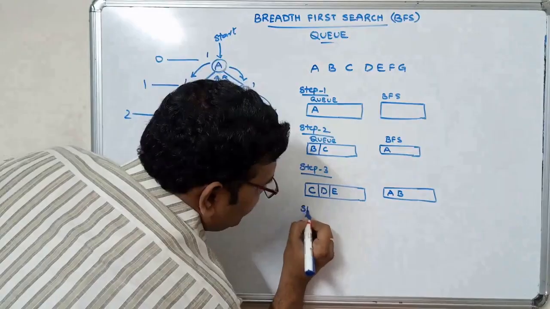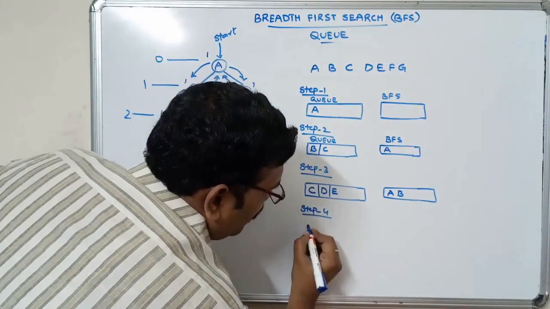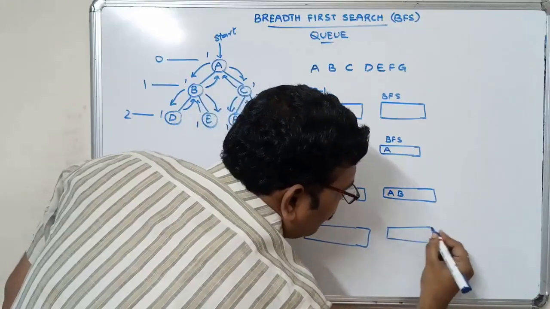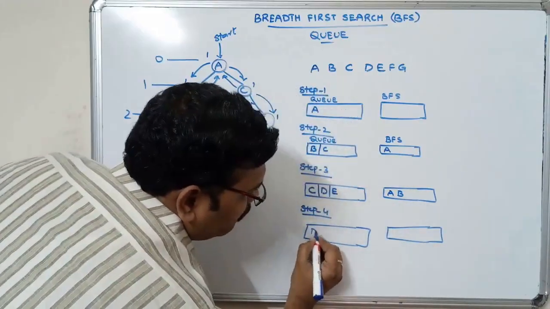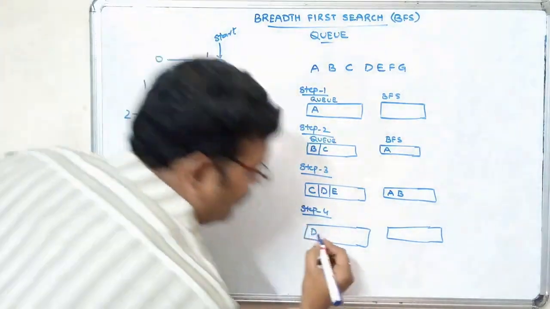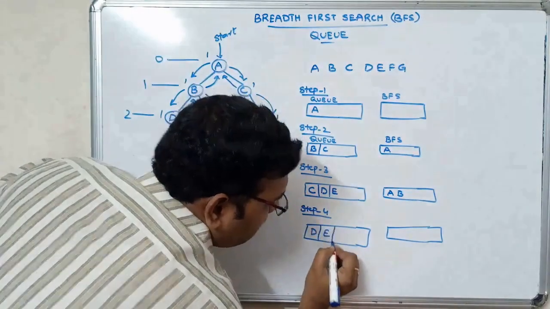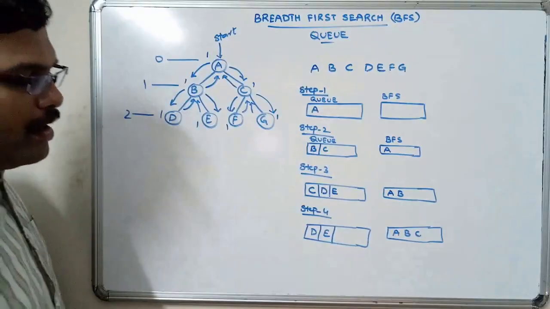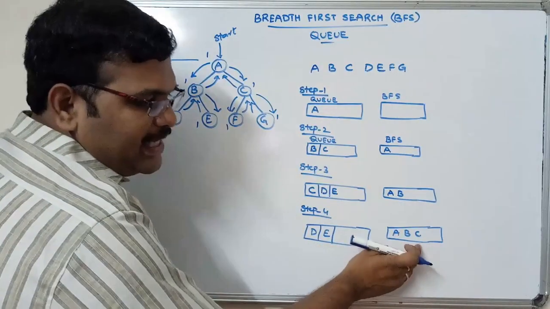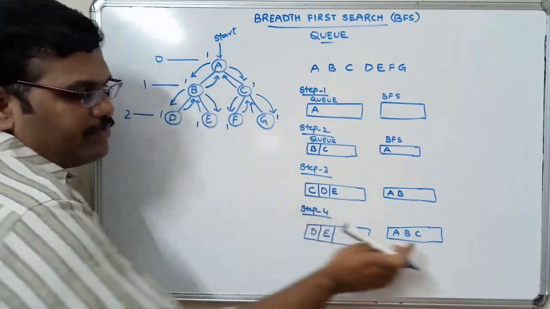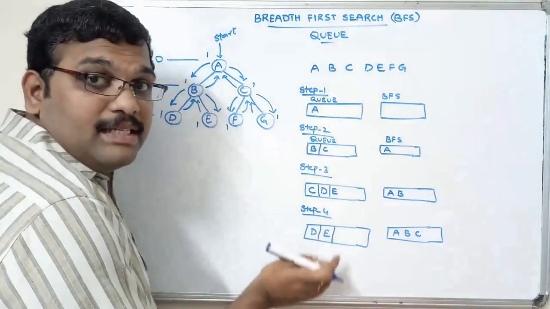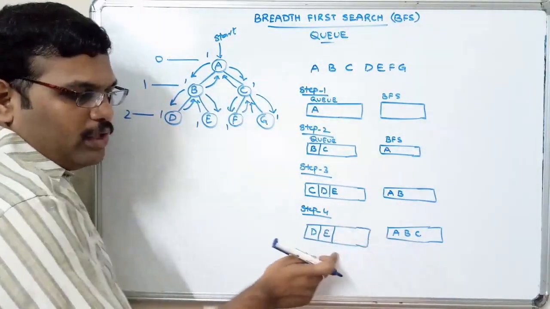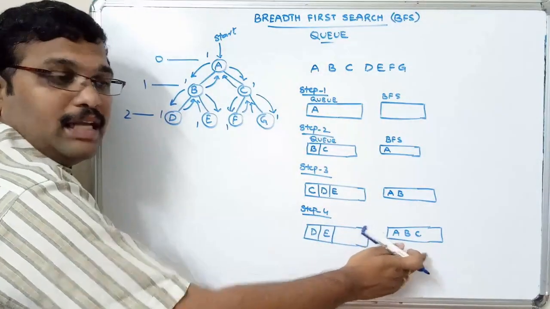Next, in step 4, remove the element from the queue. C is removed because the element is deleted from the front end. So D, E, and A, B, C. Now place the adjacent nodes of C into the queue, because we are removing C from the queue.